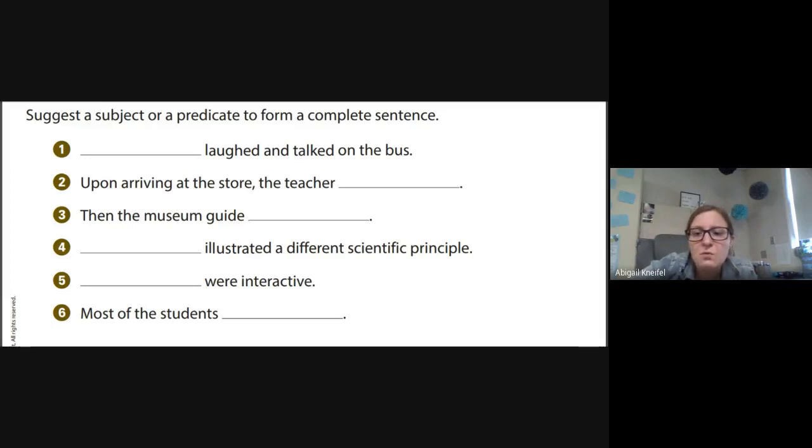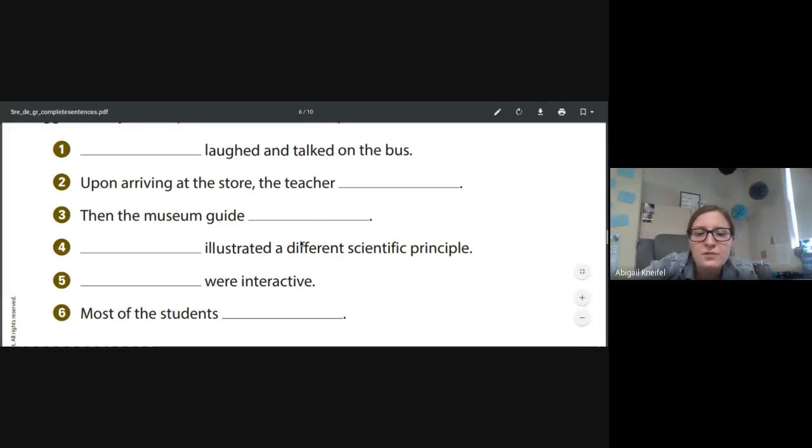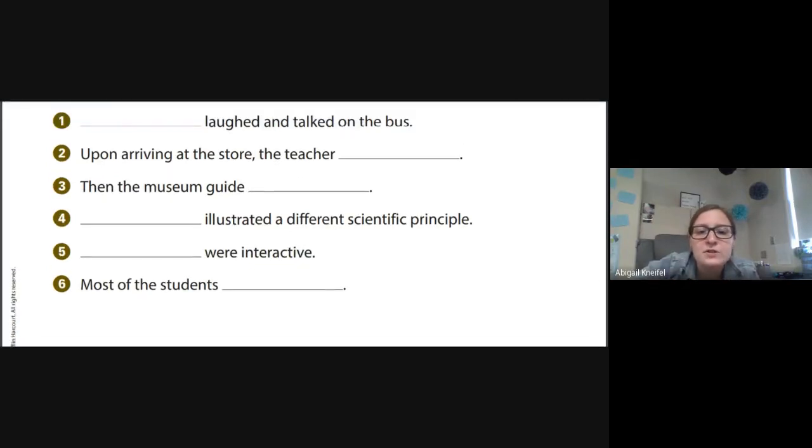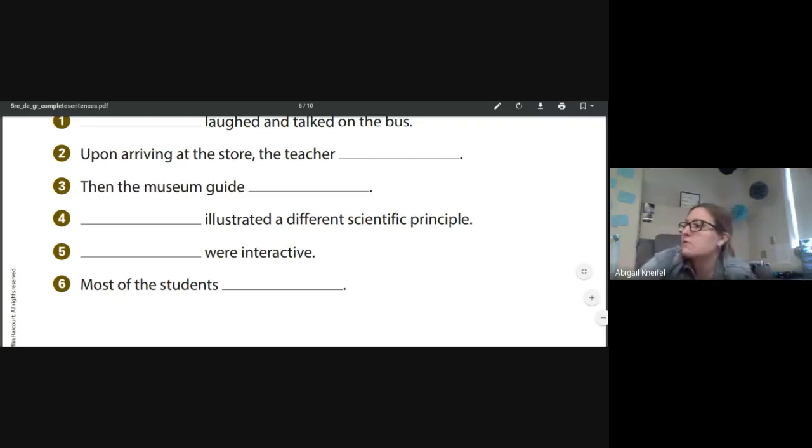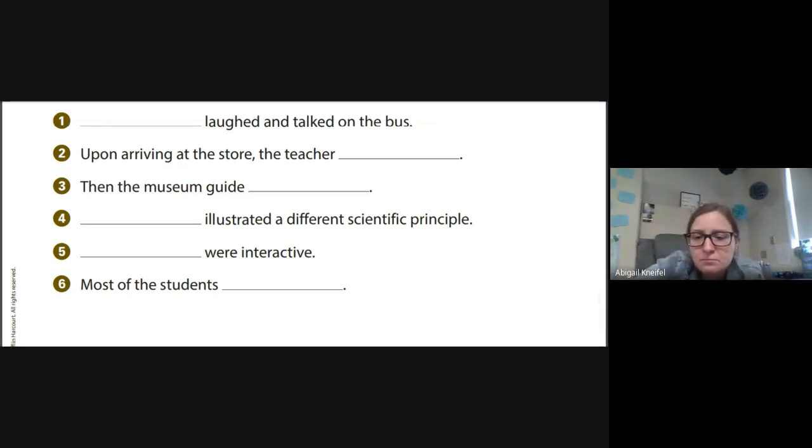All right, one final one for this section. Most of the students blank. So the students is who it's about, but now we need a predicate. Most of the students blank. What about them? Walked. Yes, most of the students walked. Perfect. Yawned. Read. Most of the students were bad for the substitute.